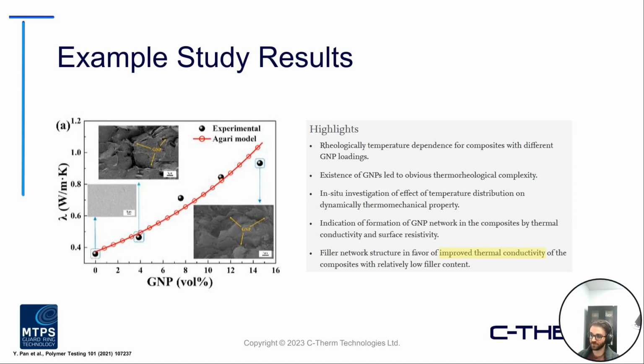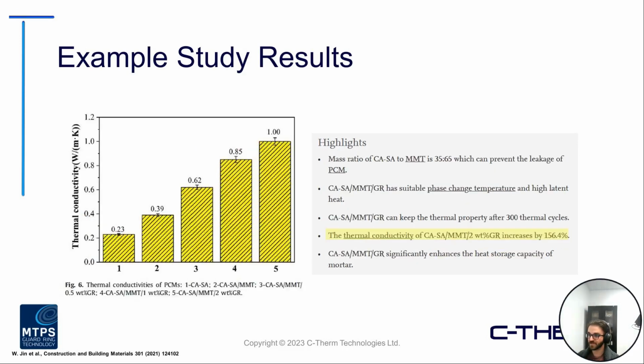Backing up the model with some experimental data is of course the best way to make sure everything is lining up as you're expecting. As you increase the filler loading, they were noting an improved thermal conductivity of their composite compared to the lower filler content.